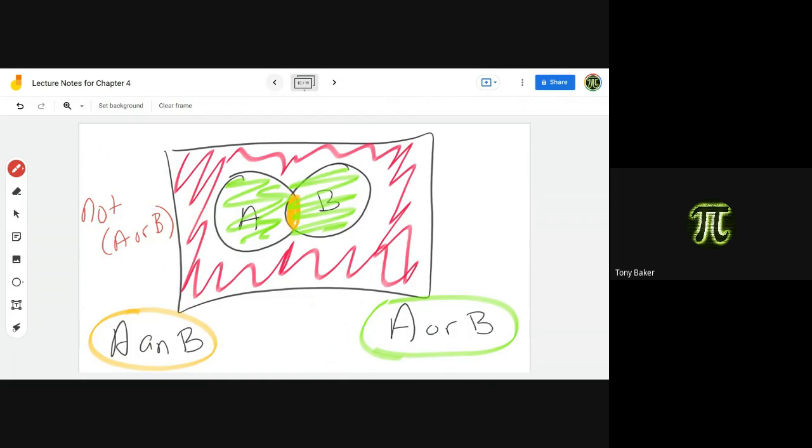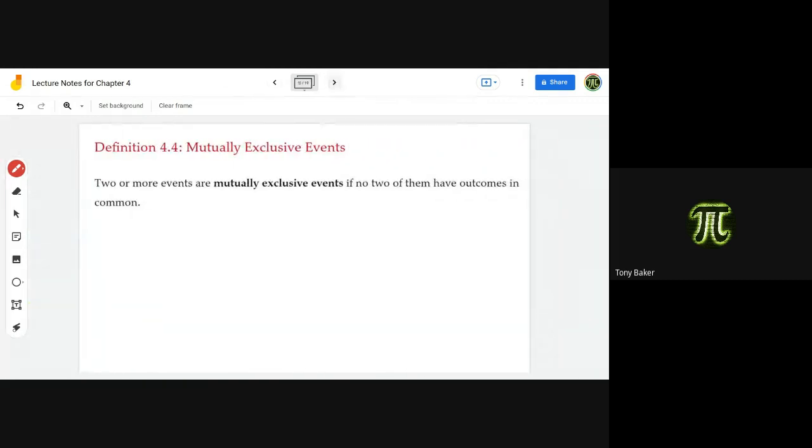If there's overlap, if I just add the two together, for example, I would get that overlap. So I have to subtract out the overlap because I'd be counting it twice. So we need to know if the two events are mutually exclusive or not mutually exclusive.